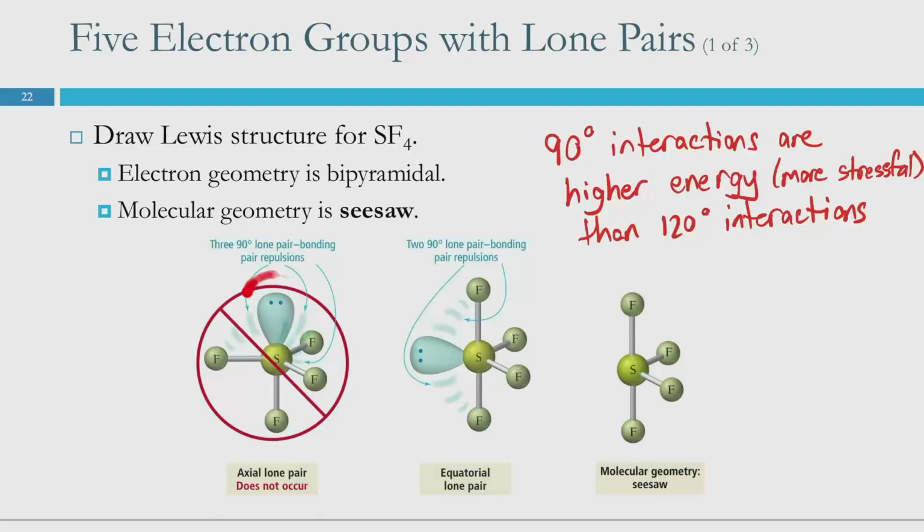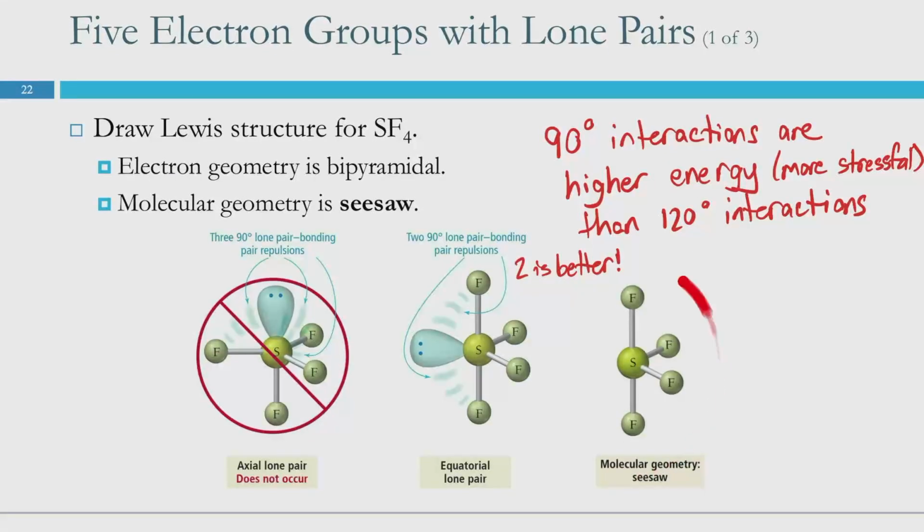So if we put the lone pair at the axial position, we'll have 3 of these lone pair bonding pair repulsions at 90 degrees. If we put it in an equatorial position, it's only got 2 90-degree lone pair bonding pair interactions, and so this is better. Two is better because it's less interactions, less of those 90-degree interactions.